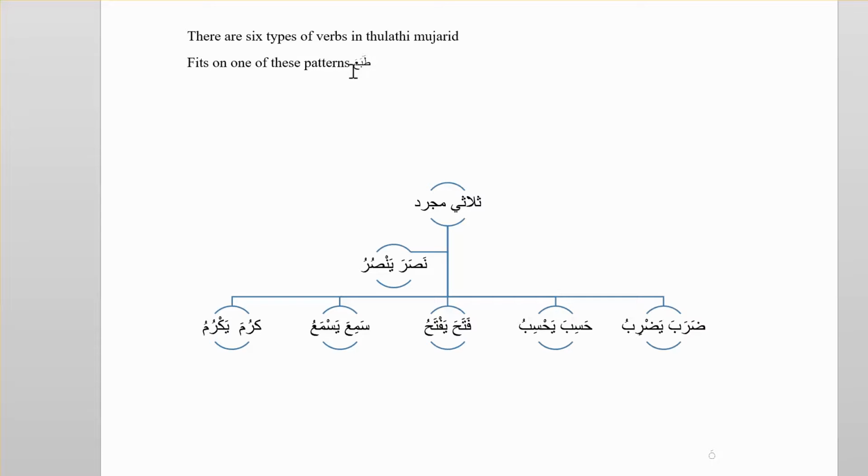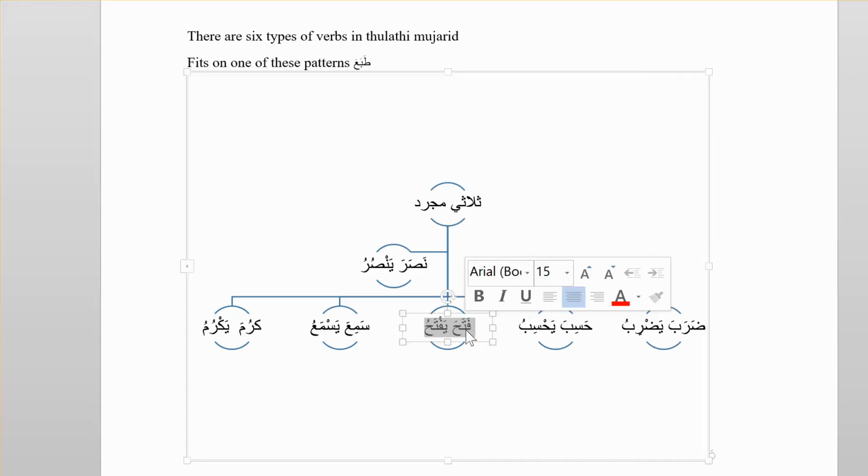Taba'a yatba'u goes under the bab fataha yaftahu. That is the bab that it fits under. Taba'a yatba'u goes under this bab.